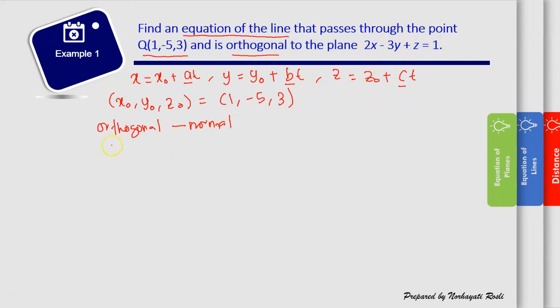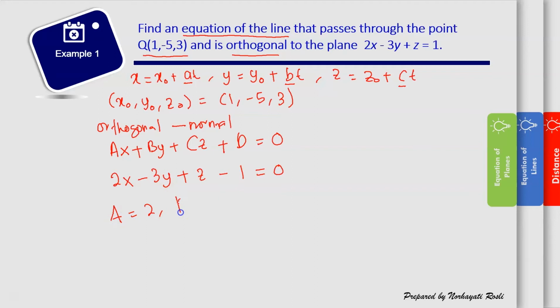In general, our equation of plane is given by ax plus by plus cz plus d equal to 0. If I write this equation of plane in this form, I have 2x minus 3y plus z minus 1 equal to 0, where our a is 2, our b is negative 3, and our c is 1.